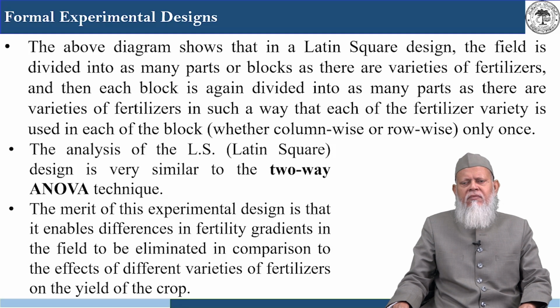The above diagram showed that in a Latin square design, the field is divided into as many parts or blocks as there are varieties of fertilizers, and then each block is further divided into as many parts as there are varieties of fertilizers, in such a way that each fertilizer variety is used in each block, whether column wise or row wise, only once.